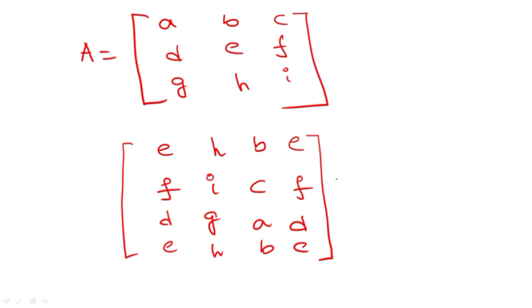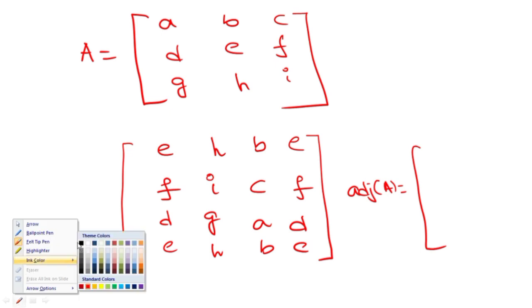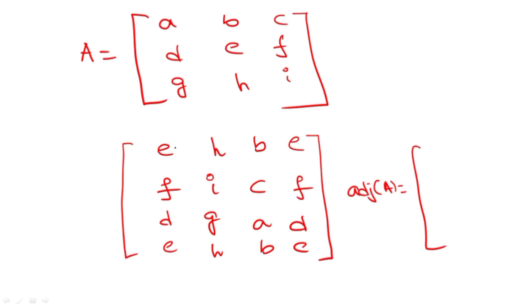Now the adjoint of A is: you take the 2 by 2 determinants of this. Like this, EI minus HF.